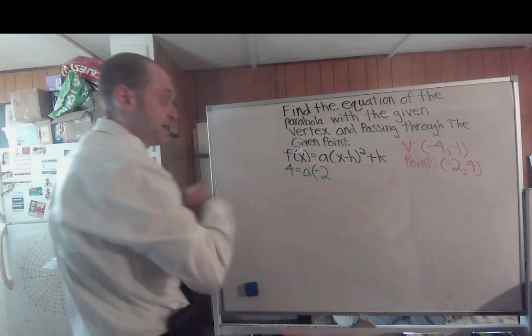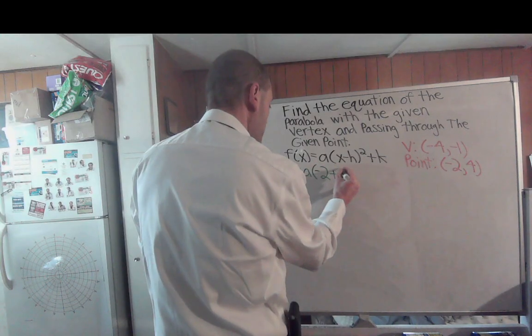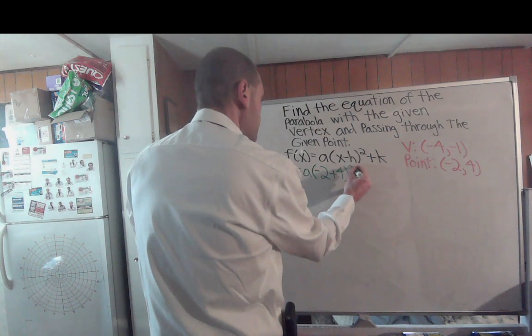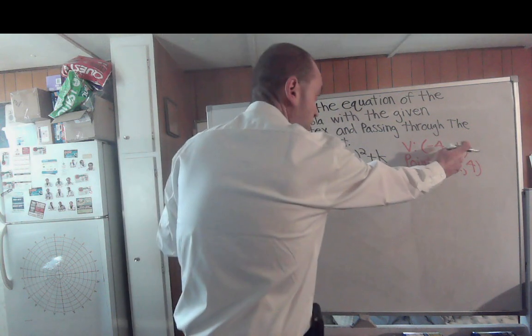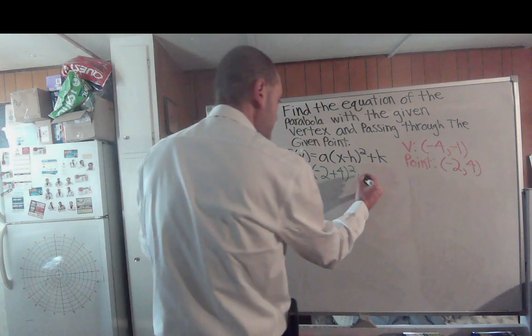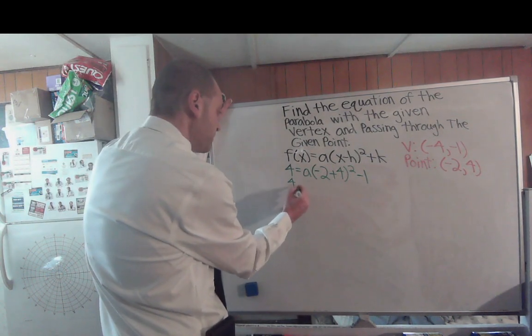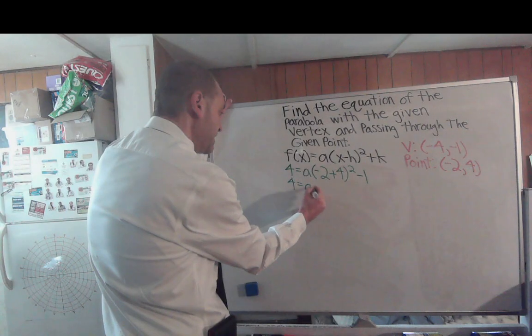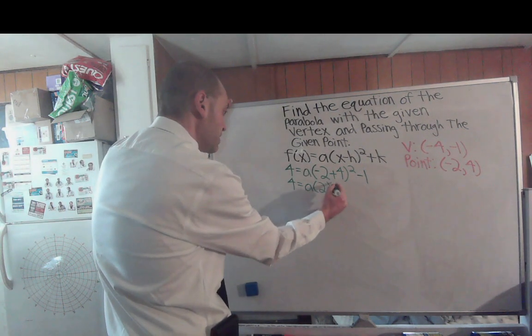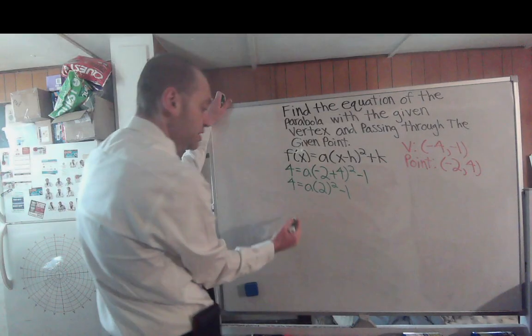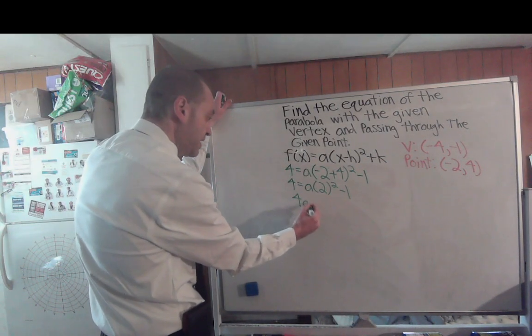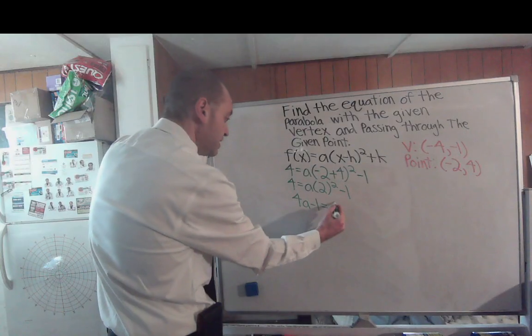Well, minus negative 4 is actually plus 4, squared, plus that k, that y coordinate of the vertex. In this case would be negative 1. So you end up getting 4 equals a times 2 squared minus 1, which would turn into 4a minus 1 equals 4.